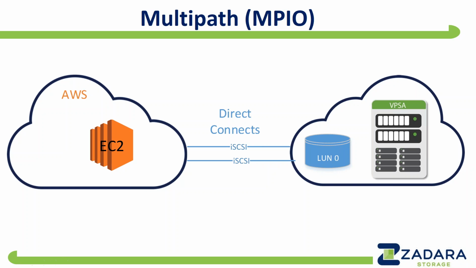So if you recall, if you've been onboarded, the AWS EC2 instances, or the virtual private cloud, is connected with two direct connects. And the direct connects are two 10 gigabit links that are provided by Zadara to the VPSA. So that gives you two different pathways to access the data. And there are separate VLANs.